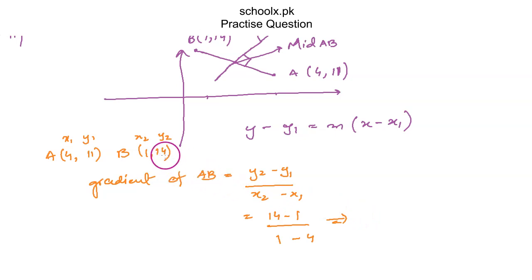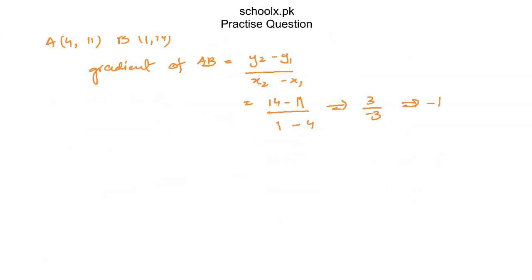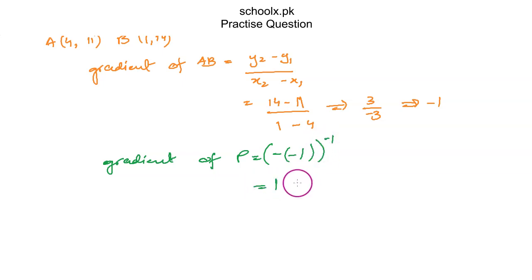So this gives us 3 over negative 3. So the gradient is negative 1. Now the gradient of the perpendicular bisector P is the negative reciprocal of this one. Negative, multiplied by negative, then take the reciprocal, which is positive 1. Now we have the gradient of P.